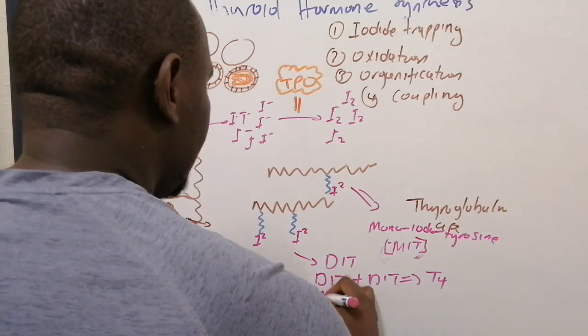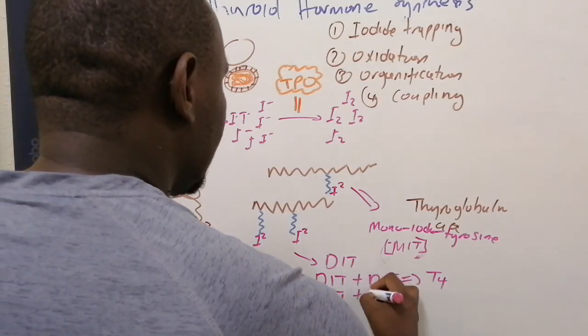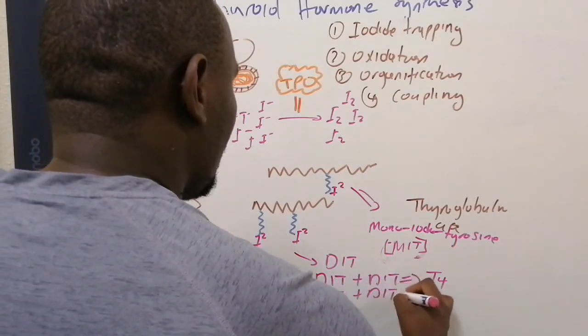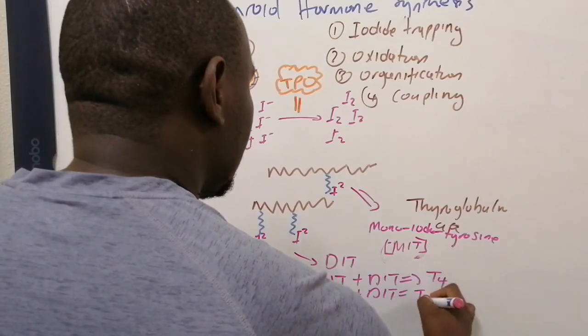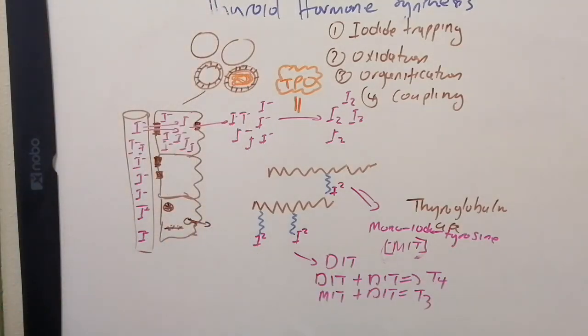If an MIT is coupled with a DIT, we get T3. So this is how our hormones are produced, right?